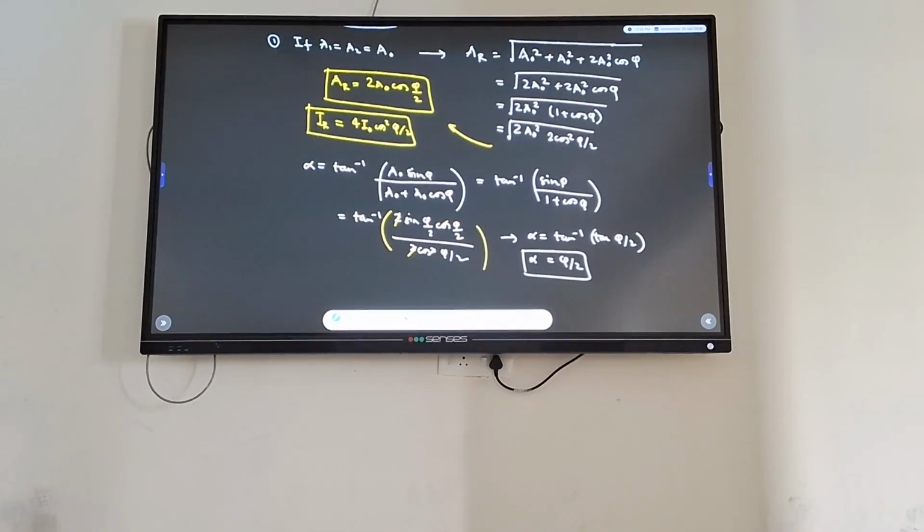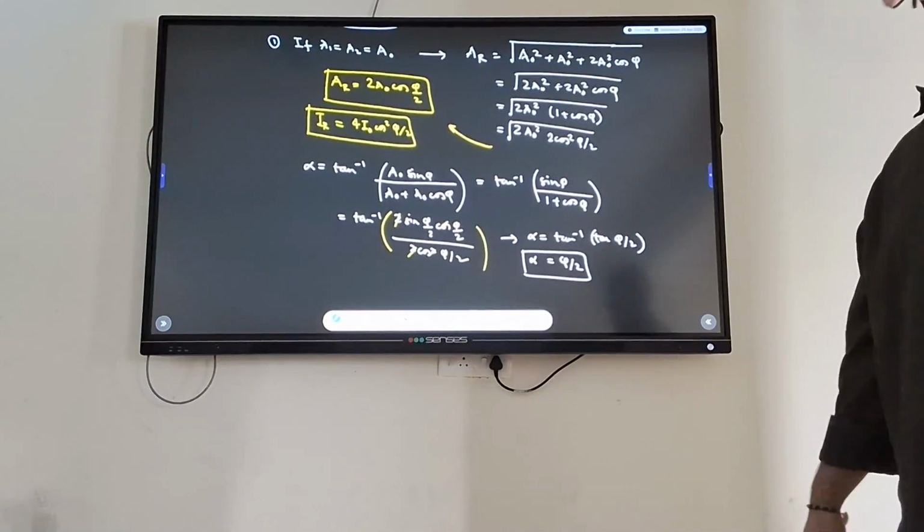A1 plus A2 the whole square. Yes, what should it be? A1 plus A2, because there is a root again.